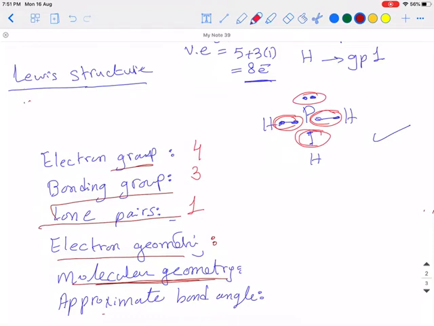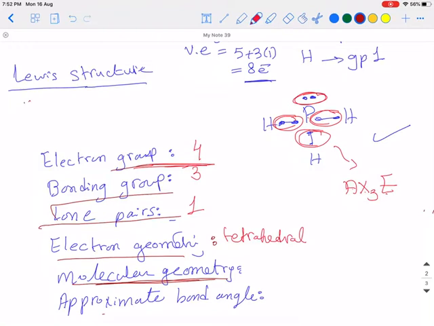Now electron geometry, think of it as the previous one, AX4, because there are 4 groups, and we said when it is surrounded by 4, it has the shape of tetrahedral. This molecule is in the form AX3E. So A here in our example is phosphorus, X is hydrogen, and E is the 1 lone pair, which is this one.